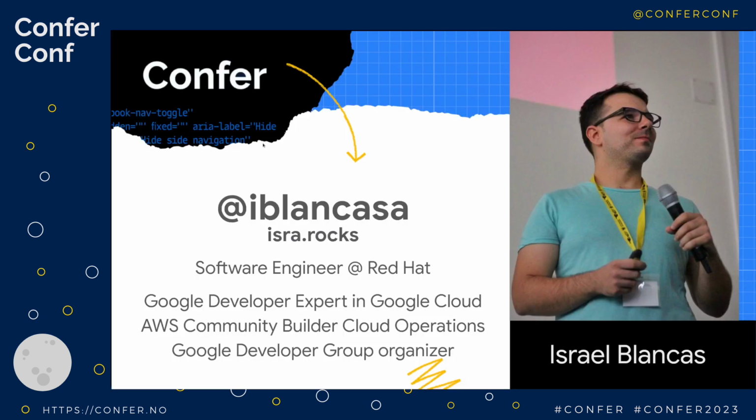My name is Israel. I am from the south of Spain, from a city called Granada, that I really encourage you to visit. I work as a software engineer at Red Hat in the Distributed Tracing group.